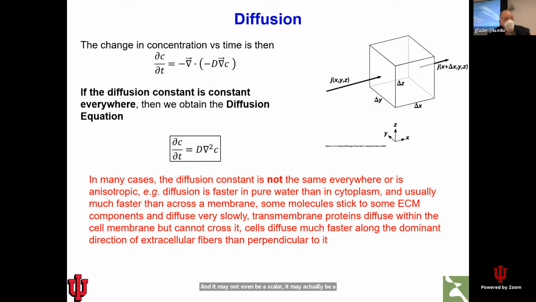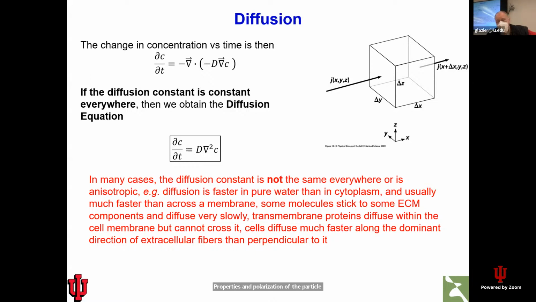So, for example, diffusion in water is much faster than diffusion in cytoplasm, which is pretty viscous. Diffusion across membranes can be very slow, and it can depend on both the size of the particle diffusing across the membrane and the ionic properties and polarization of the particle.